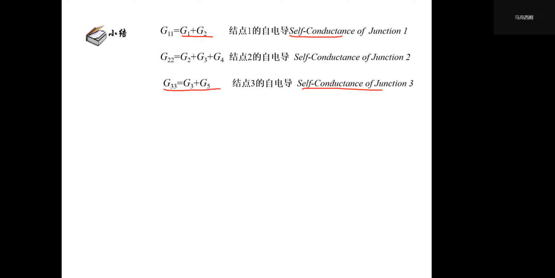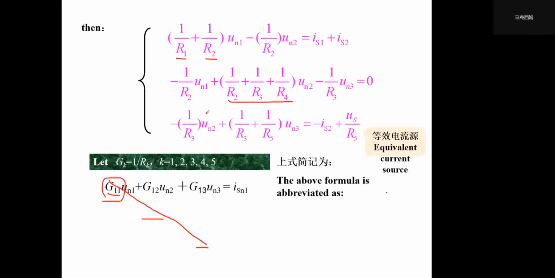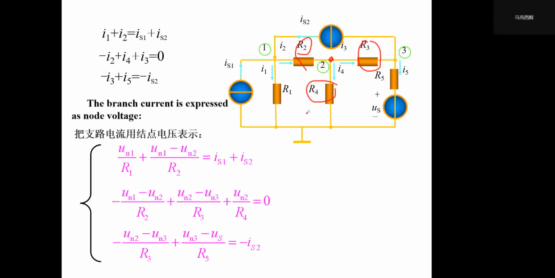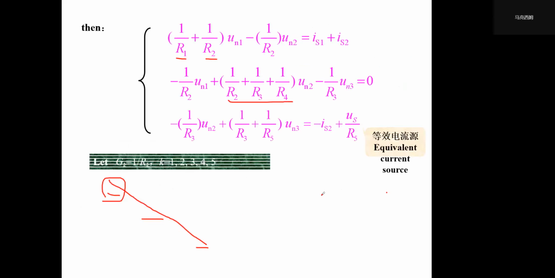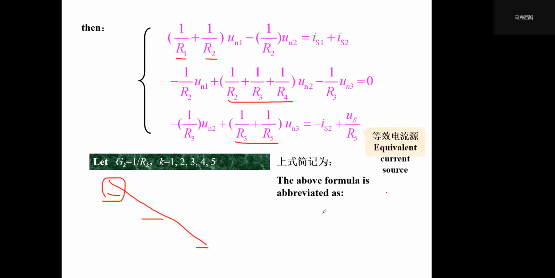This is called the self-conductance of junction 3. For this one, we have only R3 and R5 connected to it, so we add all the branch conductances together. The reciprocal of R3 plus the reciprocal of R5 equals G3 plus G5, right?